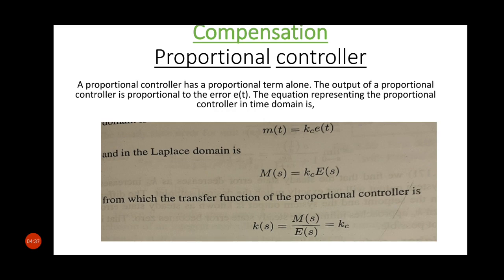So the output of a proportional controller is proportional to the error e(t), and the equation representing the proportional controller in the time domain is m(t) equals Kc e(t). Okay, and in the Laplace domain this equation will be M(s) equals Kc E(s). Now the transfer function of the proportional controller K(s) equals M(s) by E(s), and this is equal to Kc.